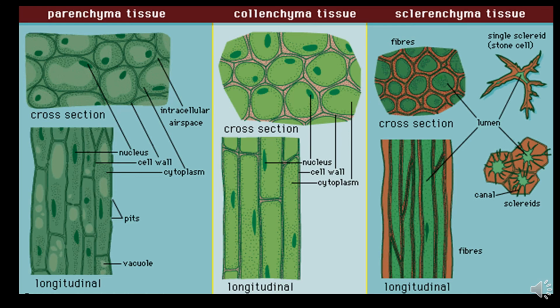In Collenchyma tissue, you can see deposition at the corners, and the cells do not have large intercellular spaces. And in sclerenchymatous tissue, the entire cell wall is quite thick due to secondary deposition of lignin, and the cells are left with a very narrow lumen, and these cells actually are dead due to lignified deposition, whereas the cells of Collenchyma and Parenchyma tissue are living.